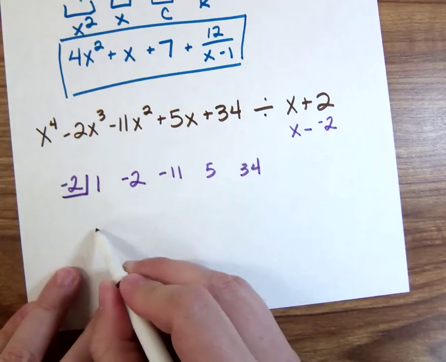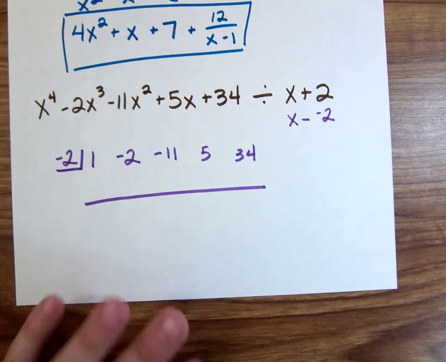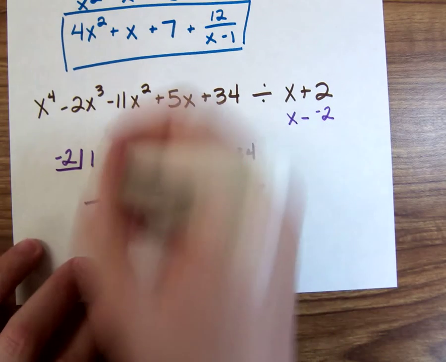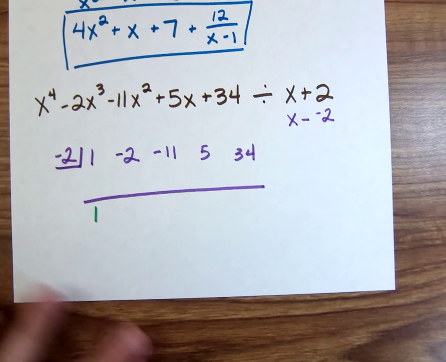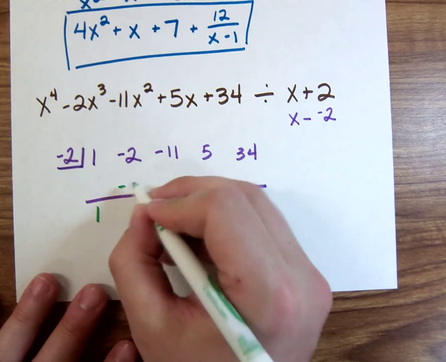Let's draw our line here. The first one always just drops straight down. But it's not 2 times 1. It's negative 2 times 1, which is negative 2.